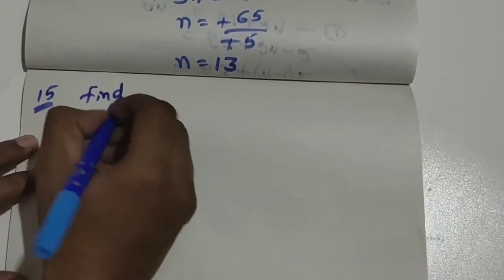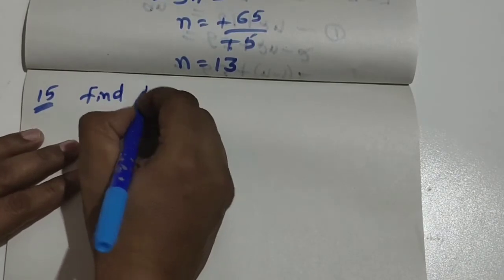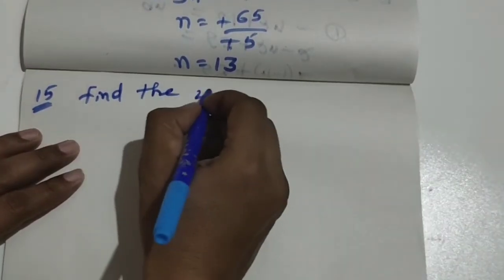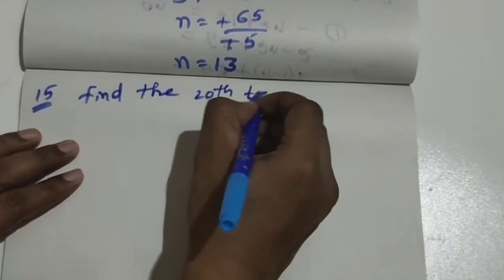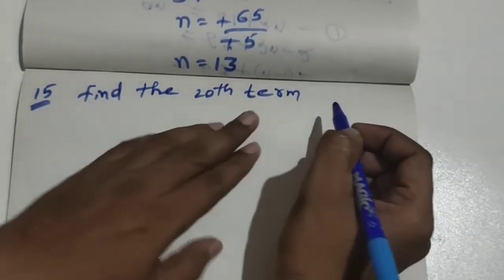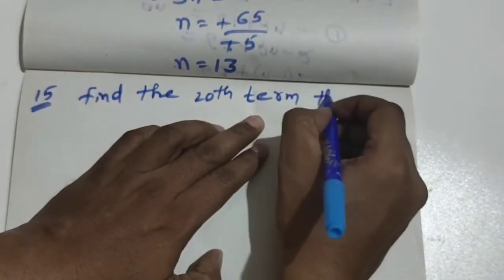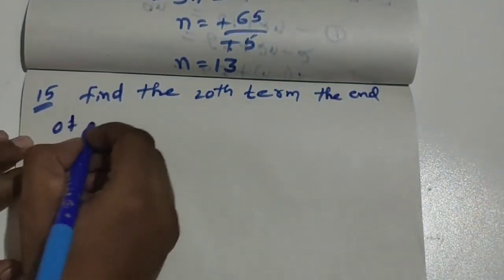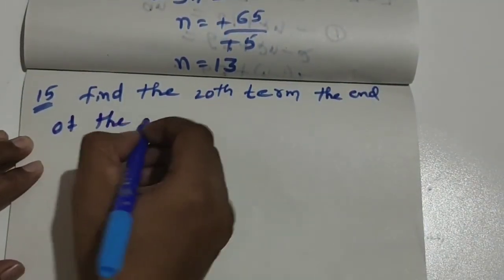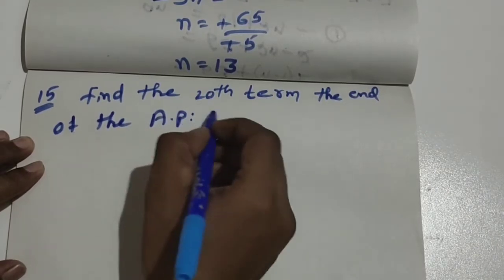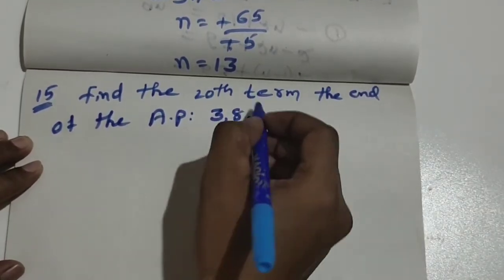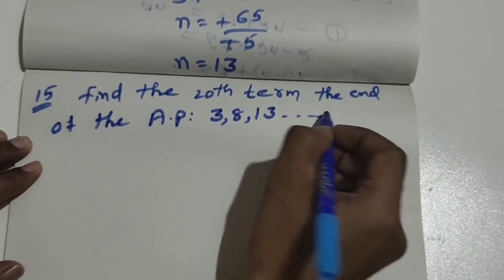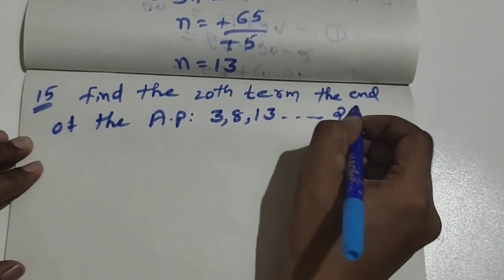Find the 20th term from the end of the AP 3, 8, 13, and so on up to 253.